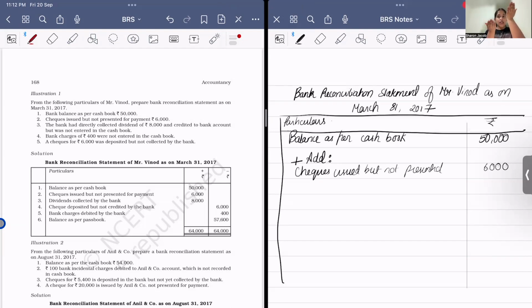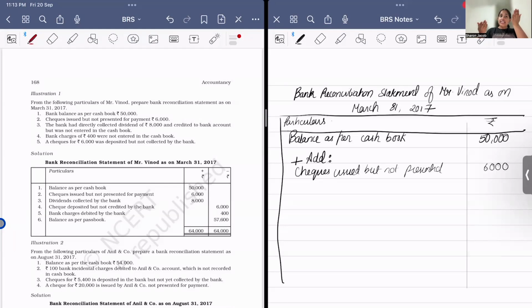We keep it up and we keep this down. And if this is up and this is down, our cash book is still here, our passbook is here. Which direction should our right hand move to reach the left hand? Add. If you think about it, that's the same logic we have over here. Balance as per cash book 50,000 is the right hand. And balance as per passbook, the final answer, is our left hand.